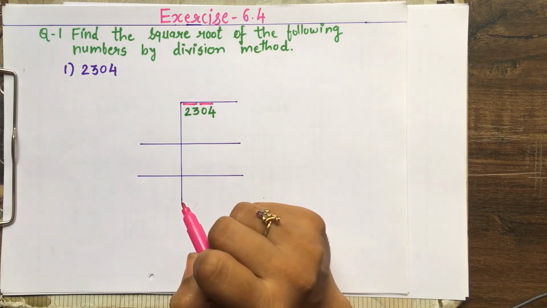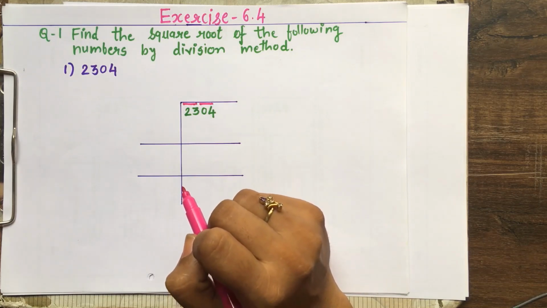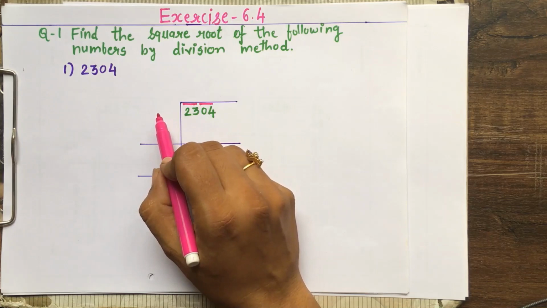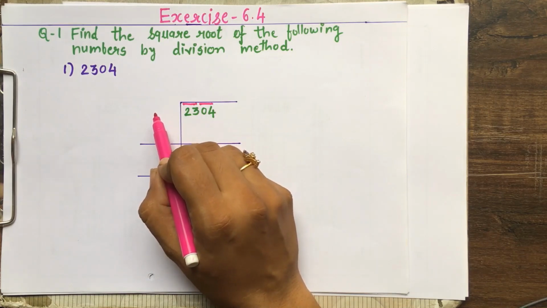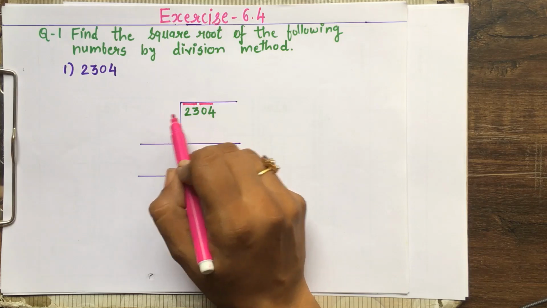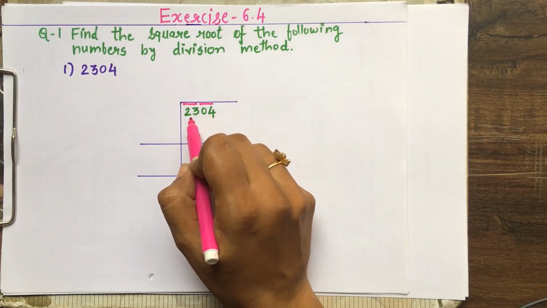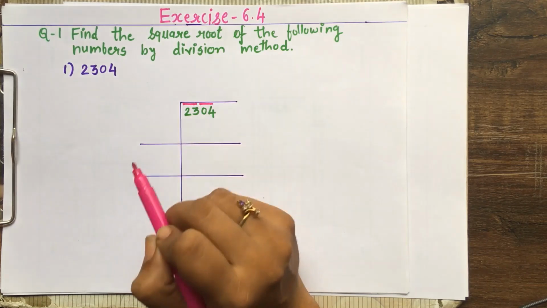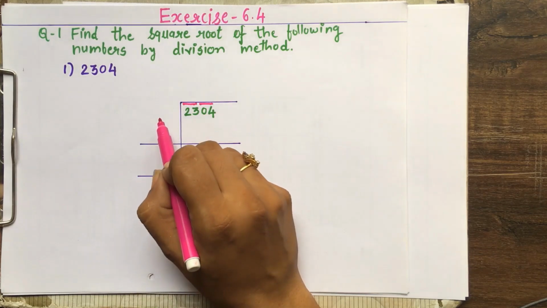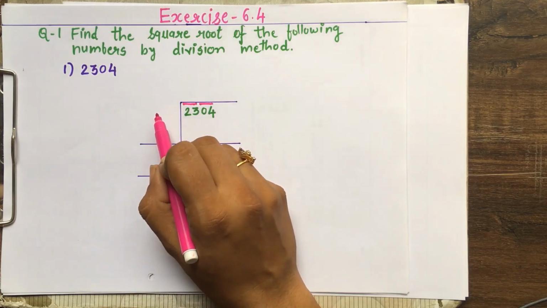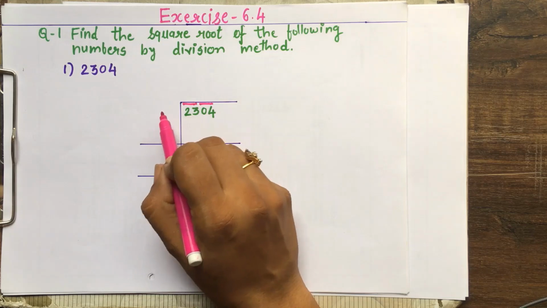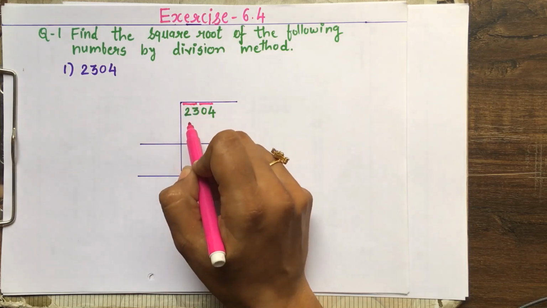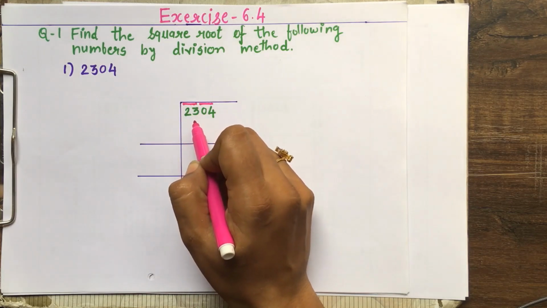Next step is I have to choose one number over here for division such that if I multiply that number by itself, then the product should be equal to or less than 23. Say if I take 2, then 2 2s are 4, so it is less than 23.